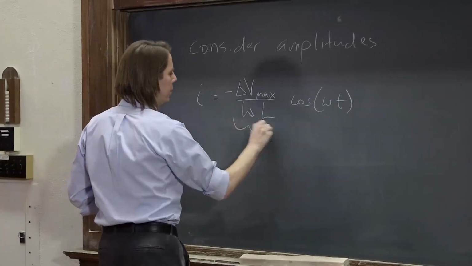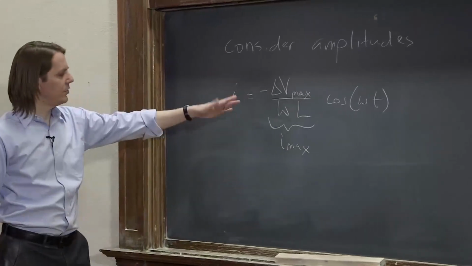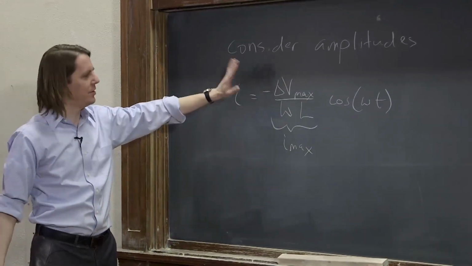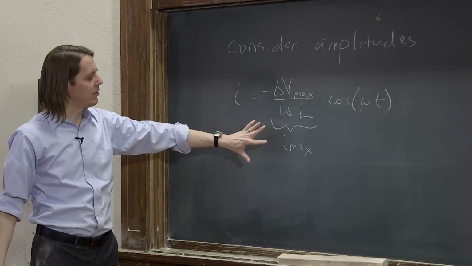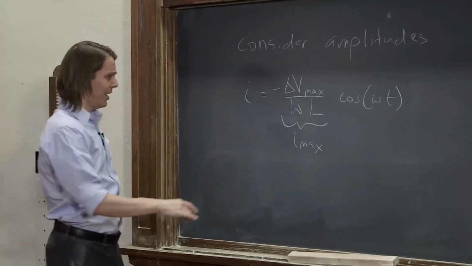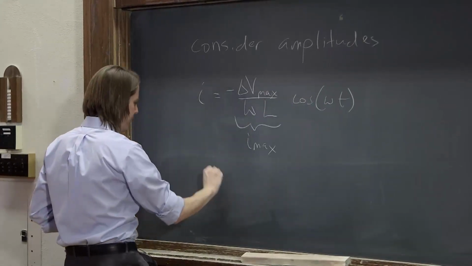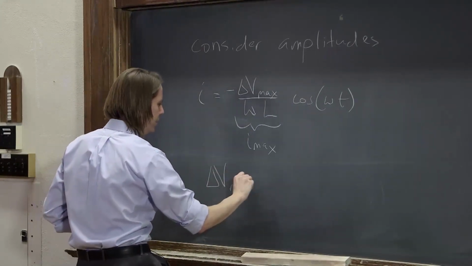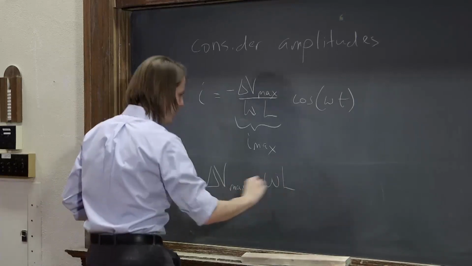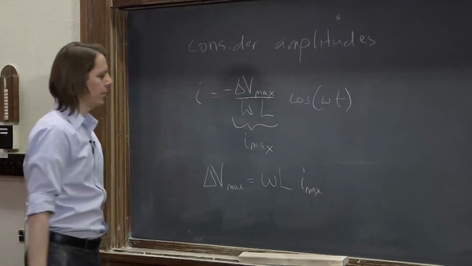So this is I max. I max is, and the negative sign also really is just a phase issue. So the maximum, or the amplitude of the current oscillation is delta V max over omega L. So if we equate those and bring the omega L over, you find delta V, its amplitude, is equal to omega L times the current amplitude.